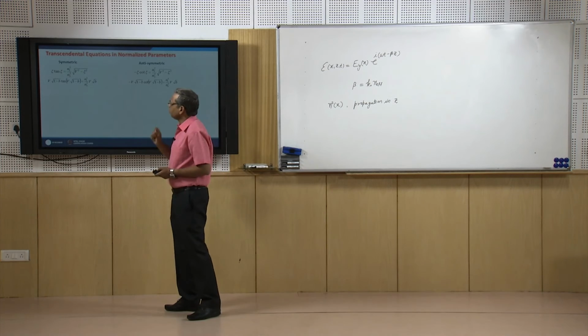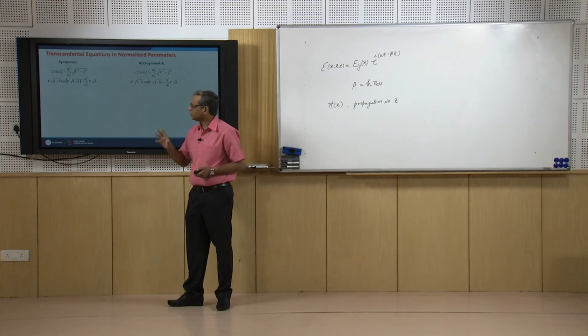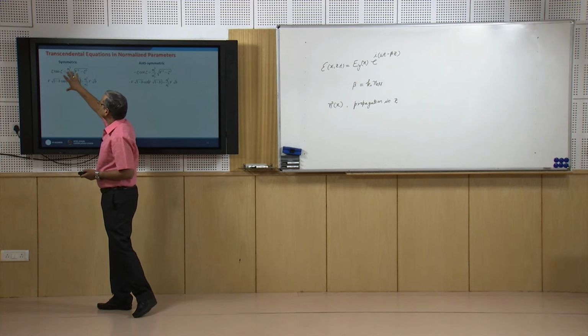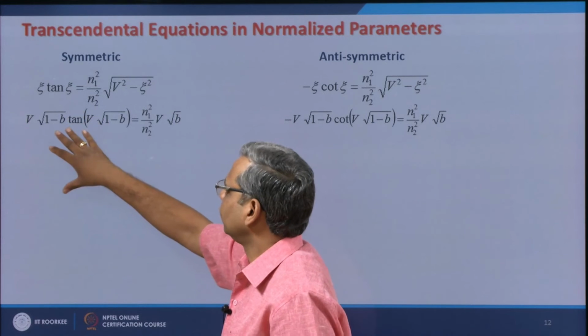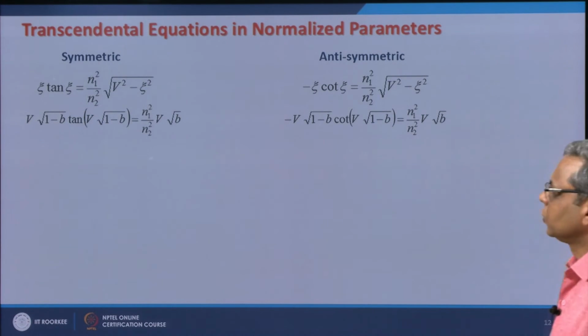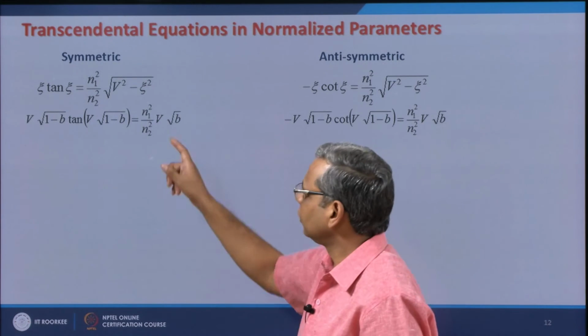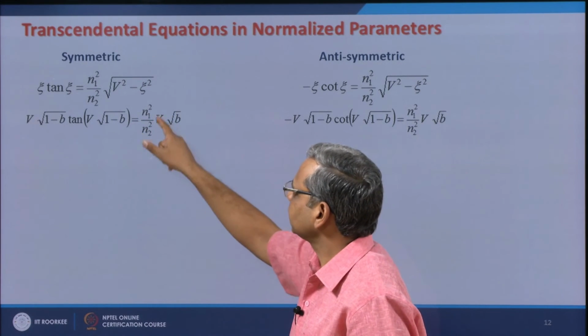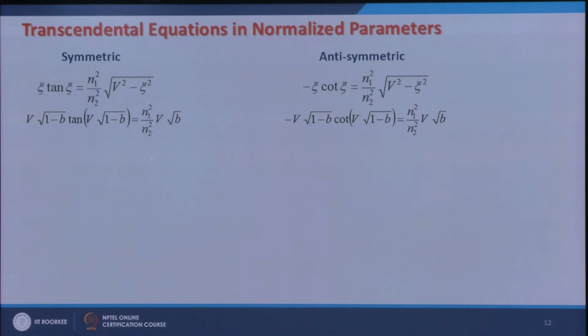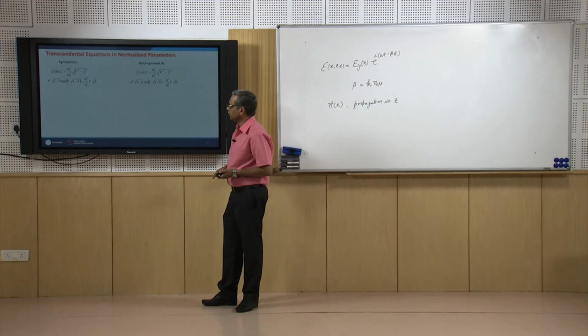In terms of normalized parameters, in the same way as I had done for TE case, I can also write down the transcendental equation for TM modes, symmetric and anti-symmetric. The equations are similar, the only thing is this extra factor of n1 square over n2 square in both the symmetric and anti-symmetric cases.